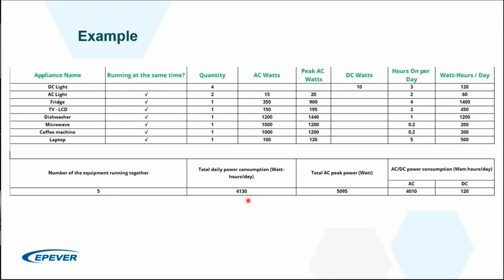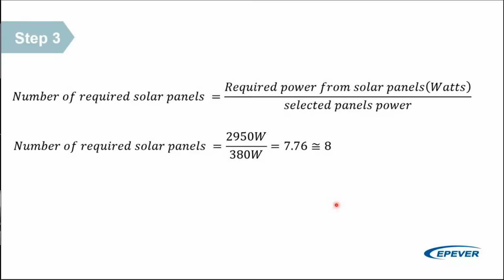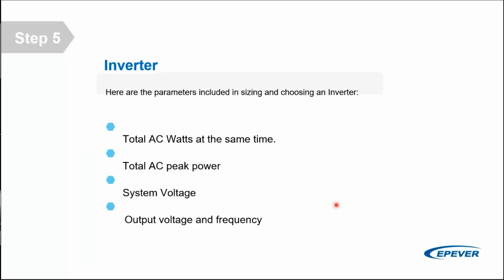So you need an inverter that is capable of providing about 4,130 watts and is capable of providing 5,100 watts of peak energy. So here we know the total AC watts, we know the total AC peak power, we know the system voltage, we know the output voltage and frequency, because you are choosing 120 or 220 based on the location that you are living in.